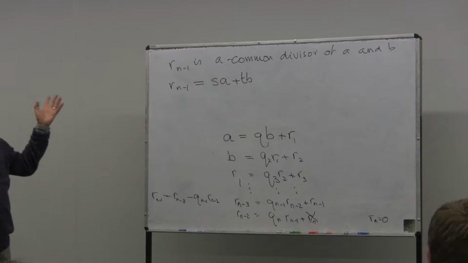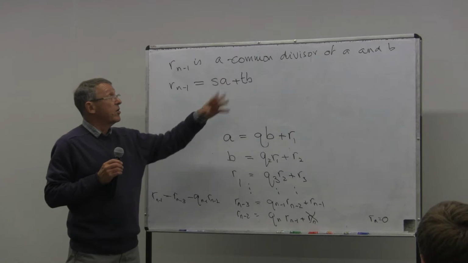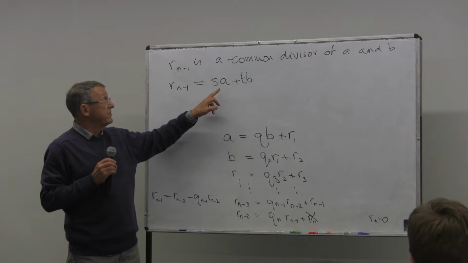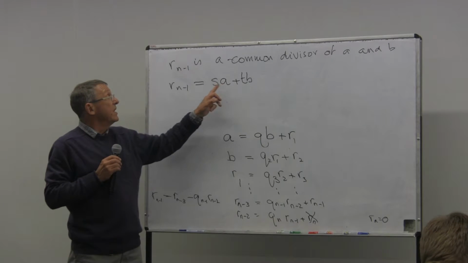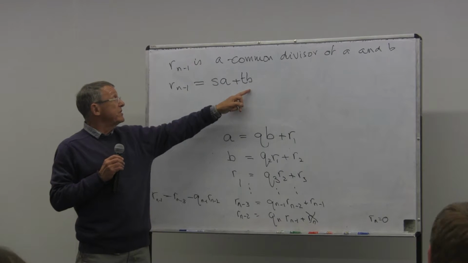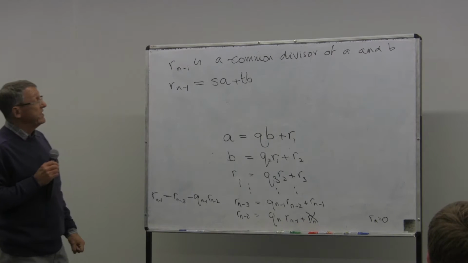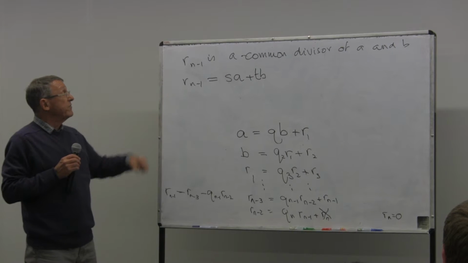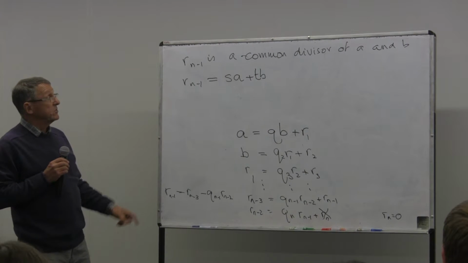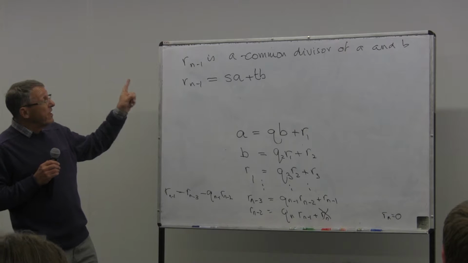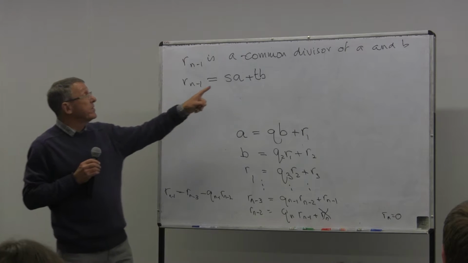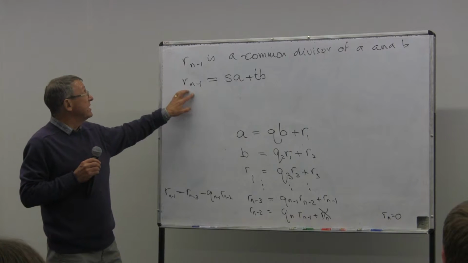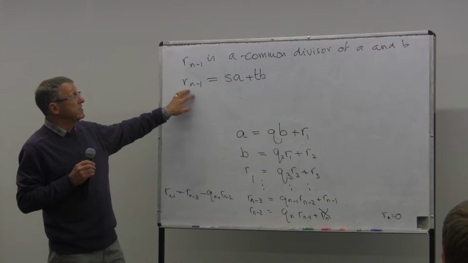Now consider any other common divisor of A and B, that's to say a divisor of both A and B. It will be a common divisor of the right-hand side, and therefore it will also be a divisor of Rn minus 1. So any common divisor of A and B is a divisor of Rn minus 1.